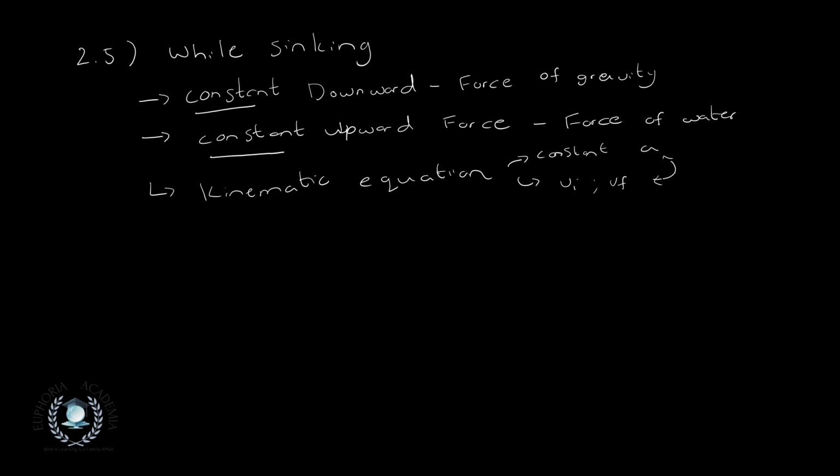So let us quickly draw a free body diagram of what exactly is happening to our tube while it is sinking through the water. We have the force of gravity, which is the weight, on this tube, as well as the constant upward force of the water, and we have a Vi of 16 meters per second.